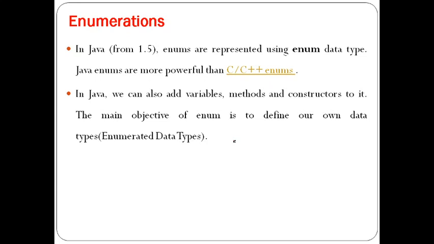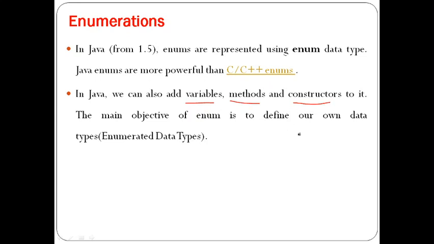But Java programmers made enum more powerful compared with the enum available in C and C++. The addition they made is that the enum contains a set of named constants, and it may also contain variables, methods, and even constructors.